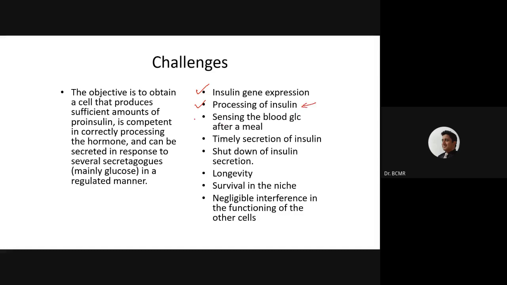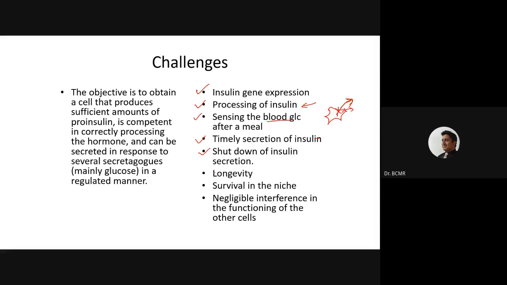Second, the cells should produce insulin only when the blood glucose is high after a meal. It should be able to sense the blood glucose. If it puts out insulin all the time, that is going to be a problem for the body. So there should be timely secretion of insulin, and once it is triggered to secrete, there should also be a stop, right?